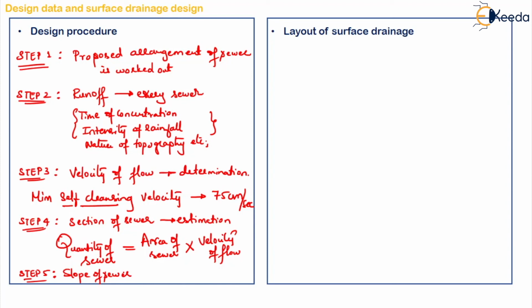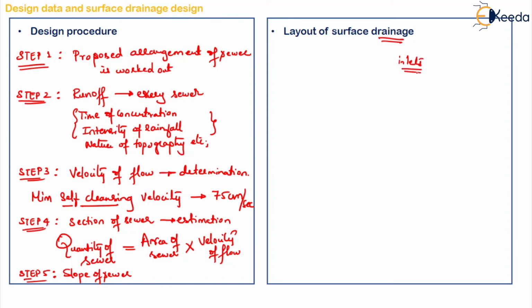So there are various empirical formulas, charts, diagrams and graphs which are used for the design of the sewers. Okay, finally it is the layout of the surface drainage. So normally the water that is coming out of the drainage area is collected into the storm drain by means of inlets.